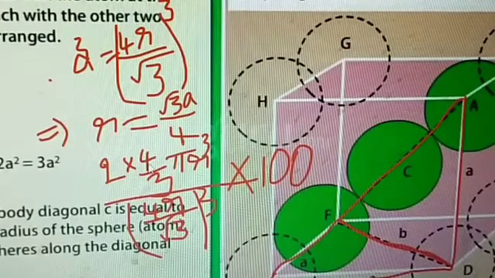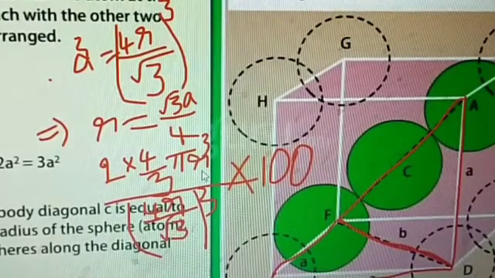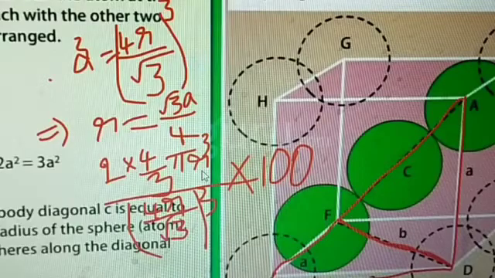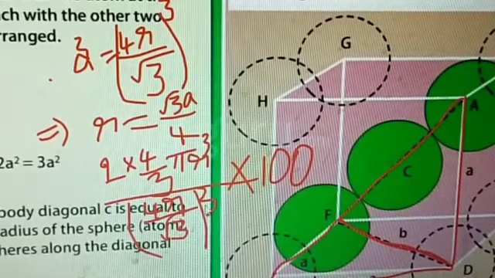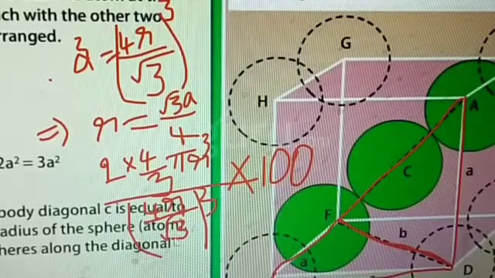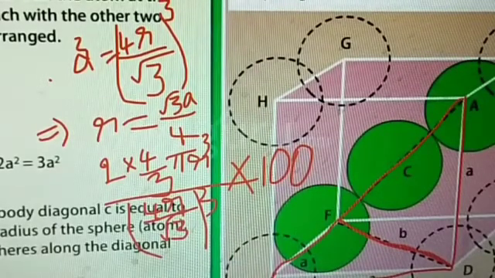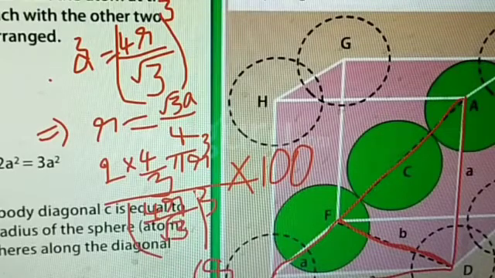So 2 into 4 by 3 pi r cube means nothing but volume occupied by 2 atoms, and total volume of the unit cell means nothing but 4R by root 3 whole cube. If we calculate this, we get the percentage as 68%. R cube will get cancelled.